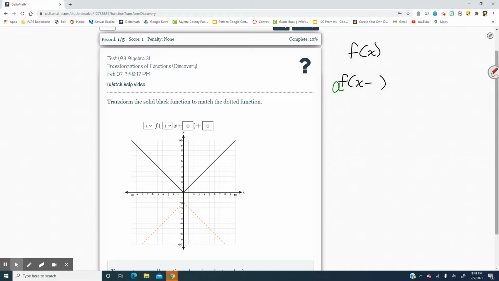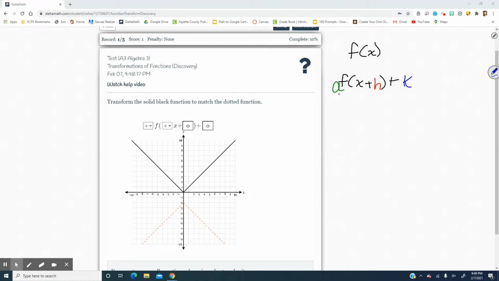Minus, and then an h. Actually, they have a plus here, so plus h, and then plus another number on the outside. And then there could be a sign in front of that x.